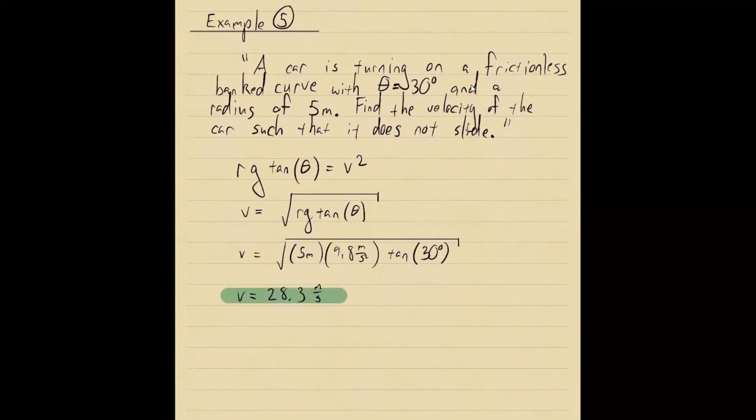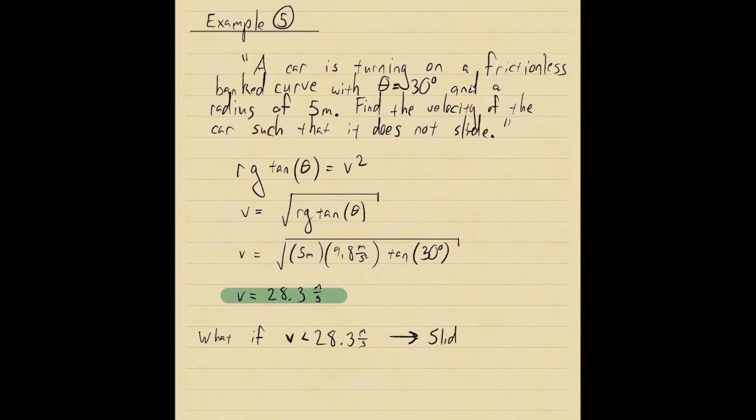So to put this in perspective, what if our speed v was less than the speed that we just found? What if it was less than 28.3 meters per second? Well, in that case, the car would slide inwards, right?